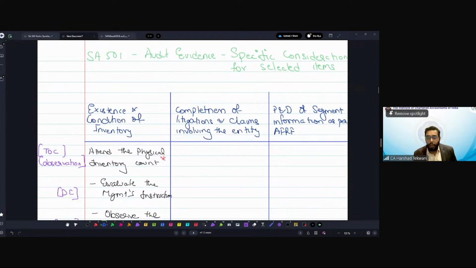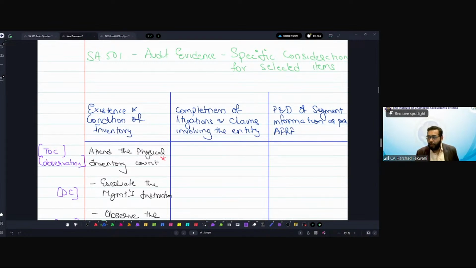Yes. See, in today's time, because of the advancement of IT, we have the benefit of looking at all the litigations at one place. For example, in income tax, management can provide you a view of the dashboard where all the litigations might be there.